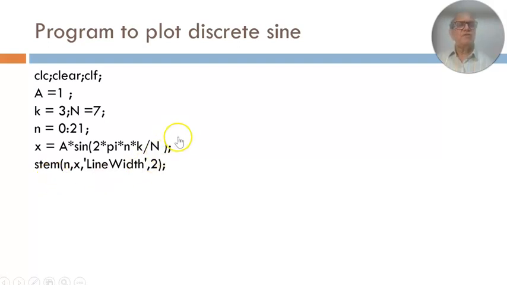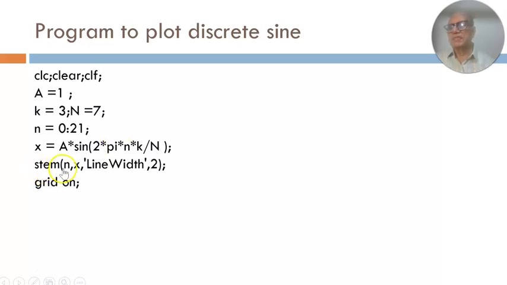Usually when you are plotting an analog or continuous-time signal, you use the plot function, which gives you a continuous graph. But when you are talking about discrete signals, your independent variable is a discrete value n, so it can be 0, 1, 2, and so on. So it is more convenient to make a stem plot, or a line plot, and the function in MATLAB for that is stem.